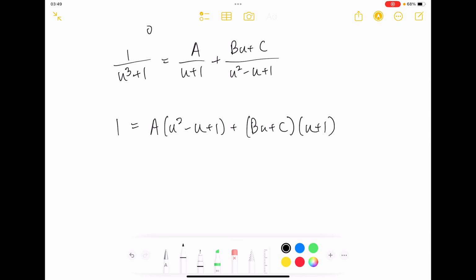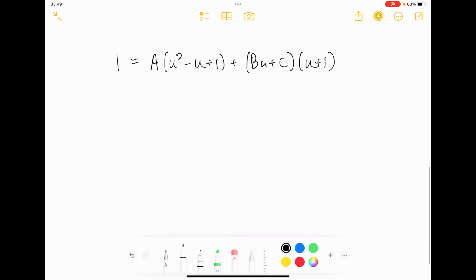And then we compare coefficients. If we compare the coefficients of u squared, on the left it's 0. On the right it should be A plus B, if I'm not mistaken, because there's Au squared and then Bu times u. So, yeah, that's that. And then if I'm looking at u, again, on the left it's 0.